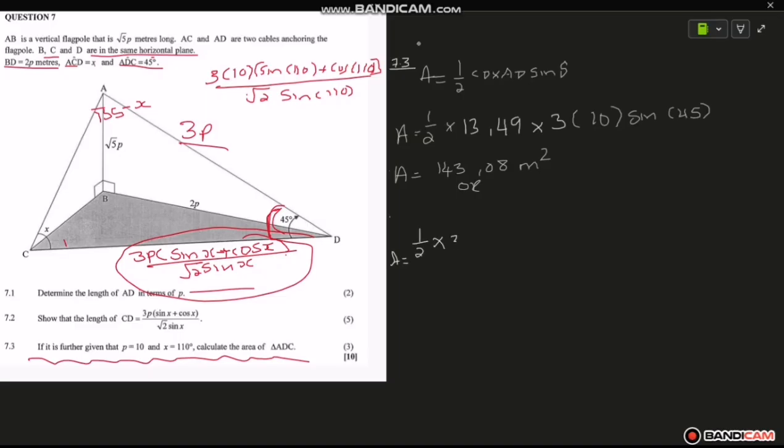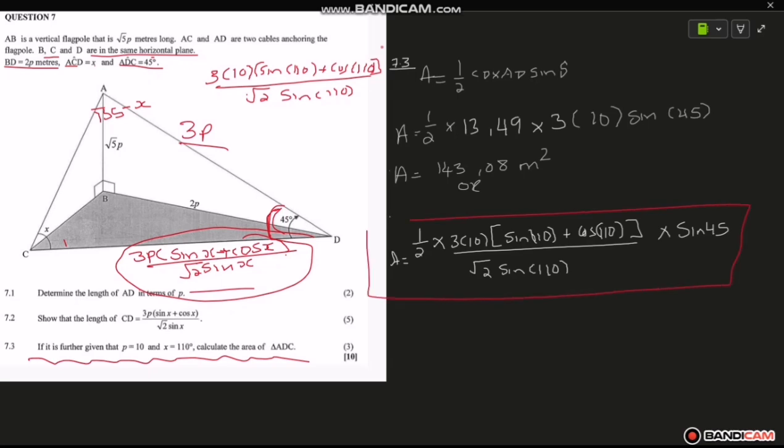We do have CD, it will be 3 into 10, open bracket, sine 110, close bracket, plus cos 110, then we close the bracket, over root 2 sine 110 times sine 45. I had to compress the way the numbers are written.